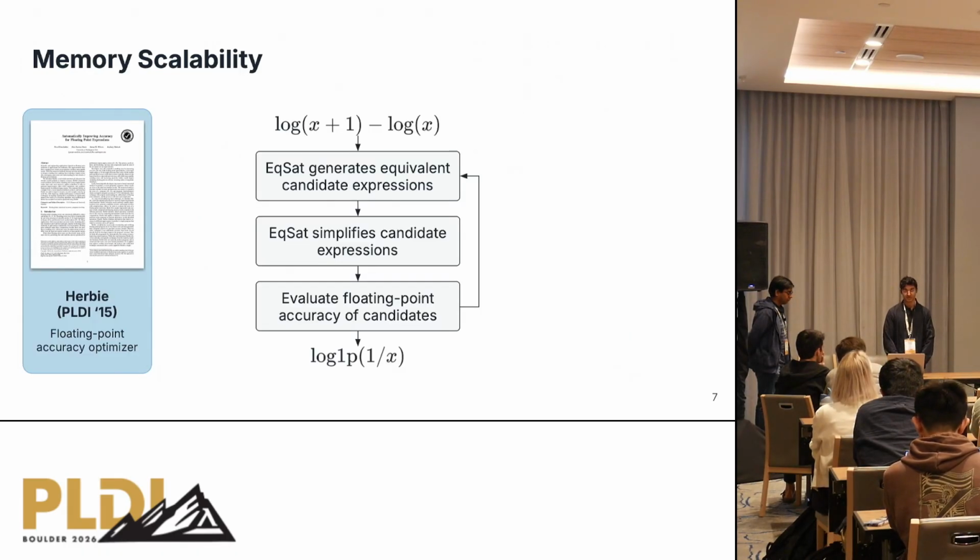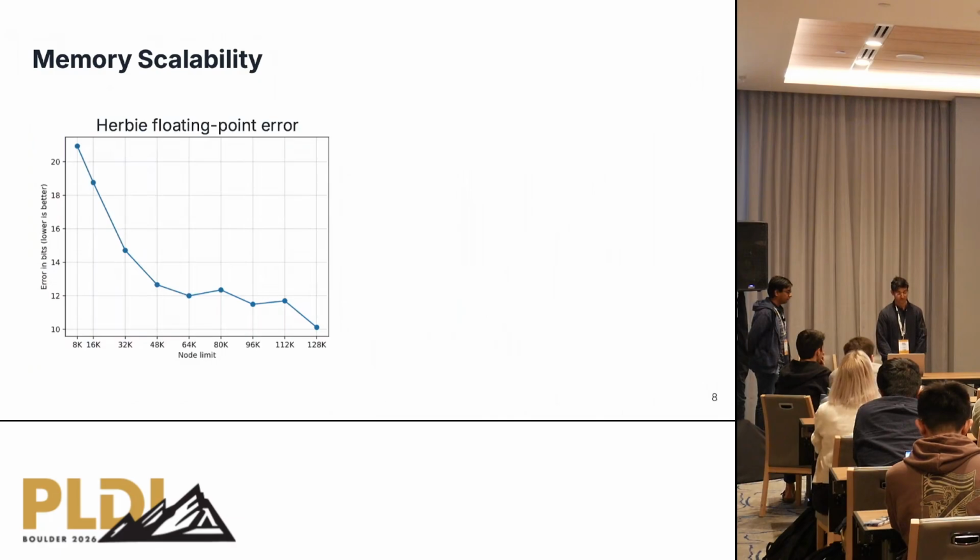As a concrete example, consider Herbie. Internally, Herbie uses equality saturation to generate candidate expressions and then simplify them. In this plot, the x-axis shows the node limit that we set for the calls to equality saturation inside Herbie. We go from 8,000 nodes, which is the default that Herbie uses, all the way up to 128,000 nodes.